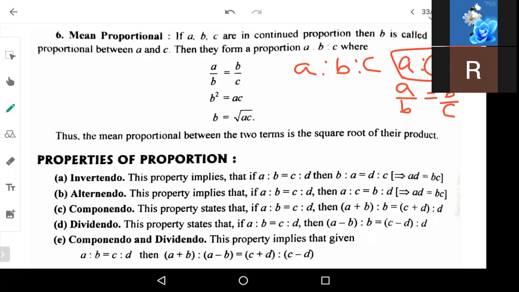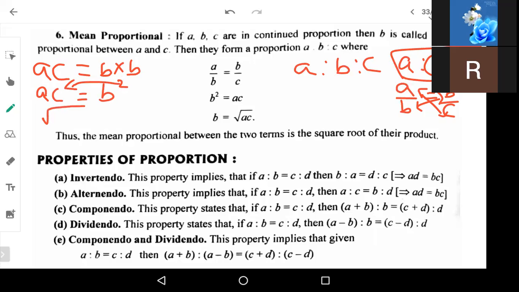Correct? Then, if you see here, now if you cross multiply the values, A into C will be on one side and B into B will be on the other side. Correct? So, A into C is equal to B into B, which is B square. Now, we have learned through equations and matrices and everything that if square goes on to the other side, it becomes square root. So square root of AC is equal to B. Right?